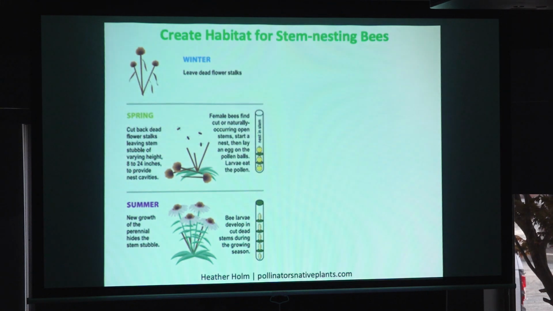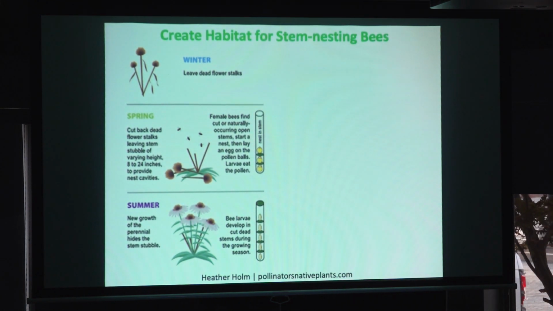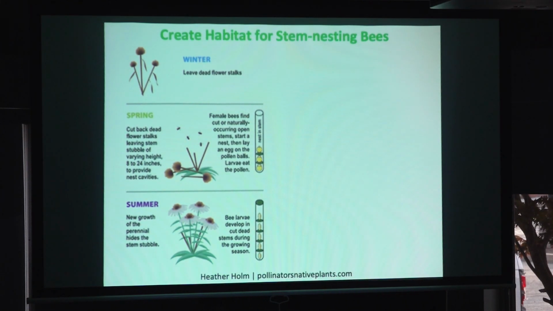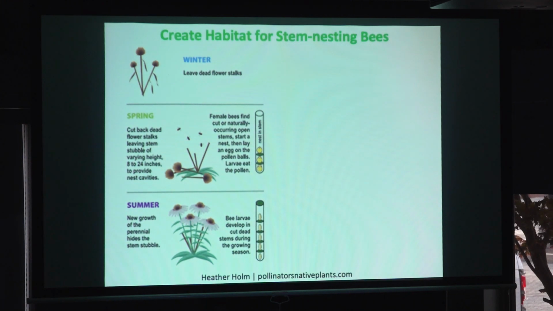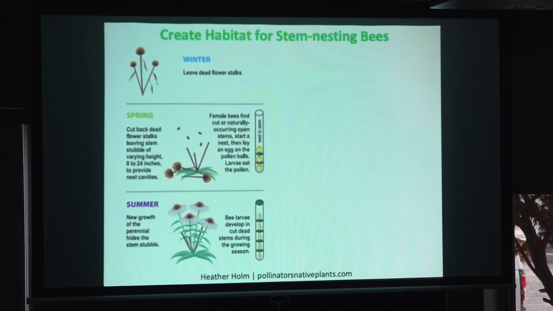Now, Heather Holm, PollinatorsNativePlants.com is her website. She explains what you need to do in the winter: you leave the dead flower stalks. The reason you leave them is that birds might help themselves to the seeds, and that's something for them to eat. And then in the spring, you cut back the dead flower stalks, but you don't cut them to the ground. You cut them to 8 to 18 inches tall.